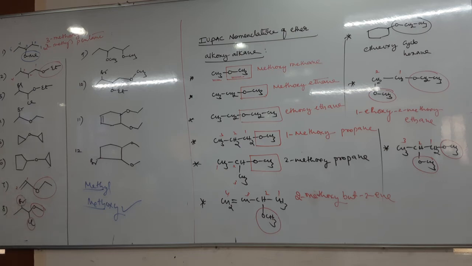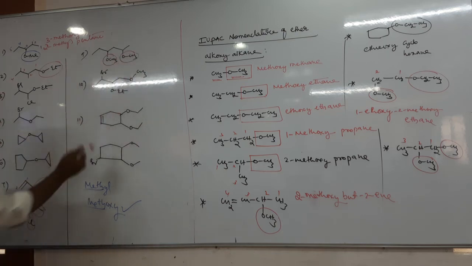Right? Now here also see, it is an ethoxy, chloro and bromo. So therefore give the numbering first. 1, 2, 3. Ethoxy, chloro, bromo. Ethoxy E, chloro C, bromo B. First bromo, then chloro, then ethoxy. Okay, you should take in alphabetical order. Right? Next here, methoxy, dimethoxy.